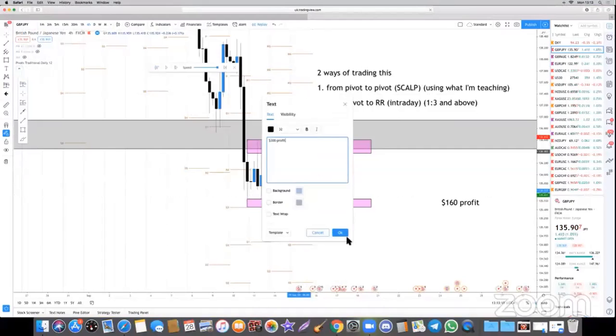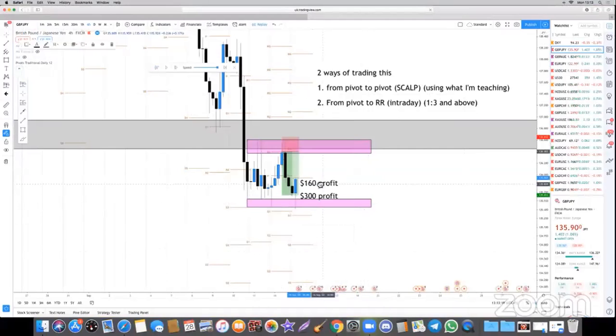So you can see they're different. The first trade is making you less, but it's quicker and more likely to get hit. The second trade is less likely to get hit, but a bigger reward. So it's bigger risk, but bigger reward. It's a bigger risk because it's not necessarily going to hit that target as easily as the first target. The first target's closer.